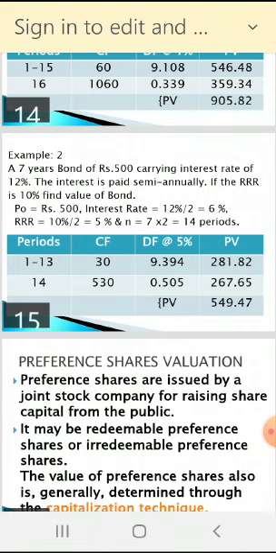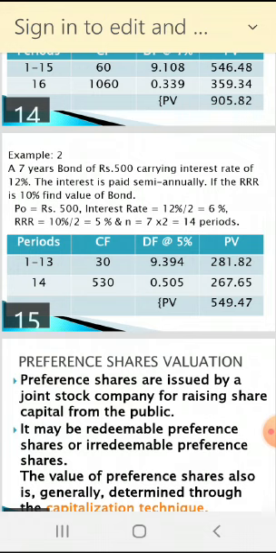Now let's start with this. P0 is equal to rupees 500. Write down please. Present value of bond means P0. Today's value is what? Rupees 500. Interest rate is 12% divided by 2 is equal to 6%.